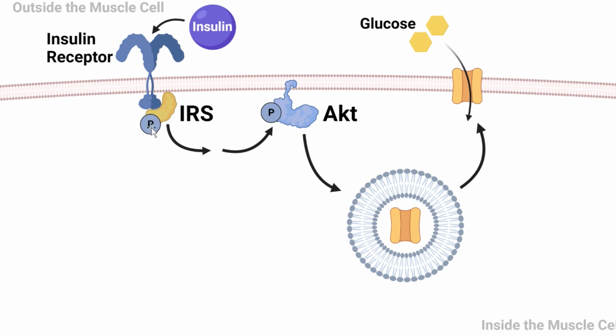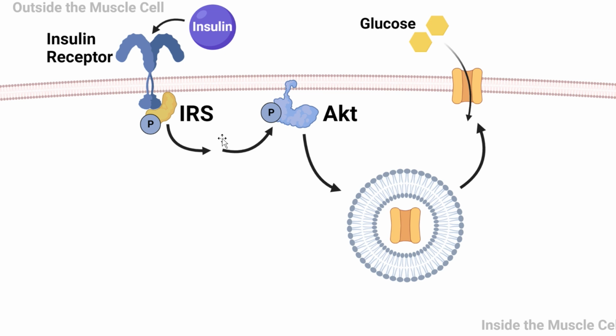This recruits IRS. You have an activation of the IRS protein by adding a phosphate molecule to it. And I'm giving you some details that you may not necessarily need to know. Just know that IRS gets activated. And then you have a series of other activities that happen that I've completely just cut out because I don't want your eyes to glaze over.